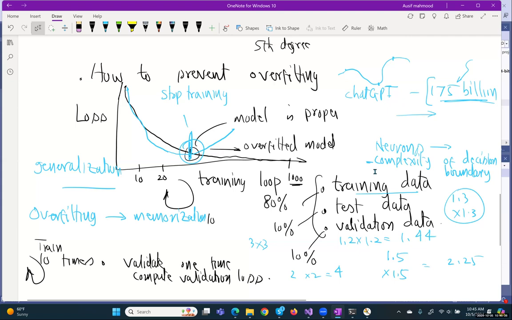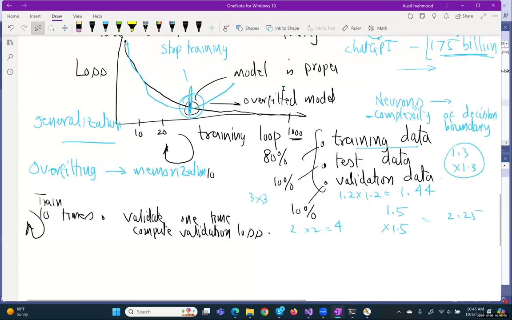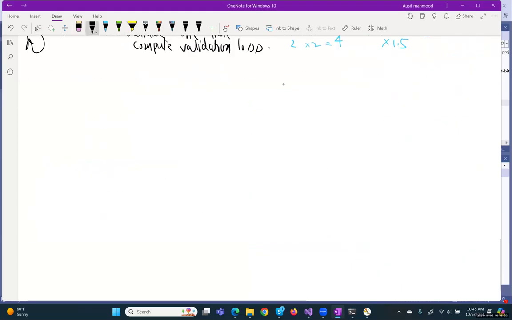So how do we prevent overfitting is a very, very important part of AI. Now let me give you 3 techniques to prevent overfitting.